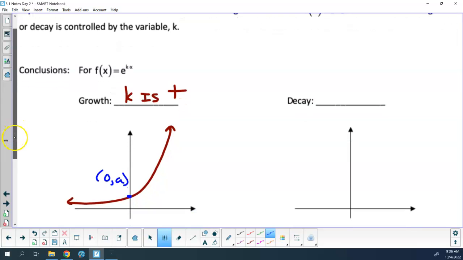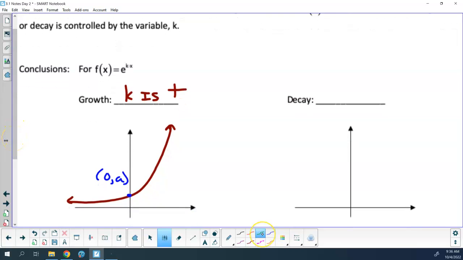We'll still have a horizontal asymptote at y equals 0. You got it on Friday, and we'll all be good.